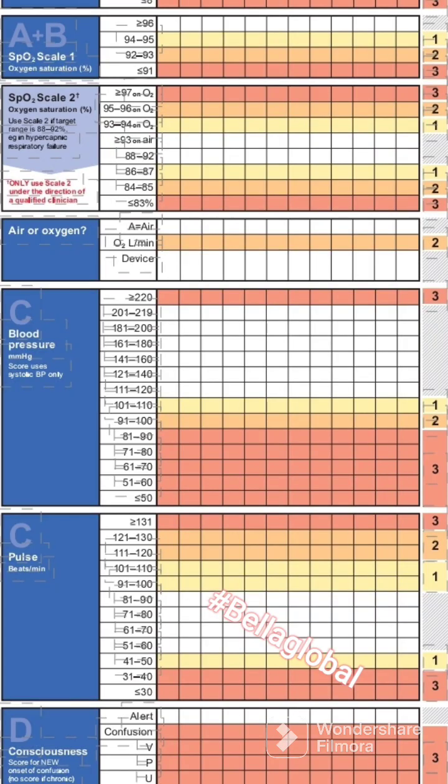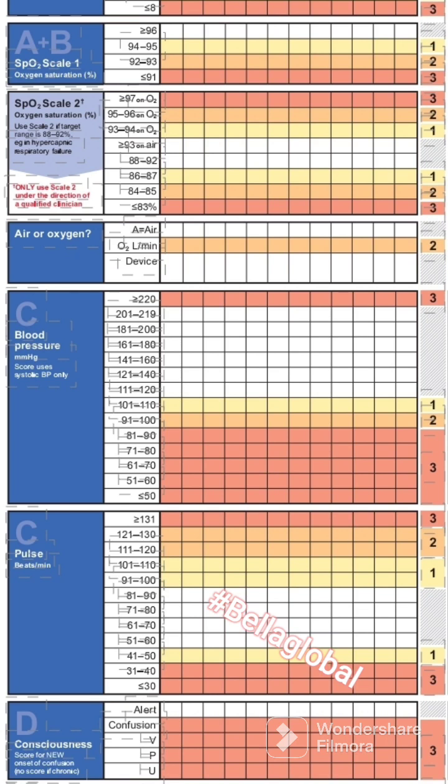So if a patient, let's assume the patient's pulse was 78. The pulse is represented by a thick dot and will be in the row of 71 to 80. Why?